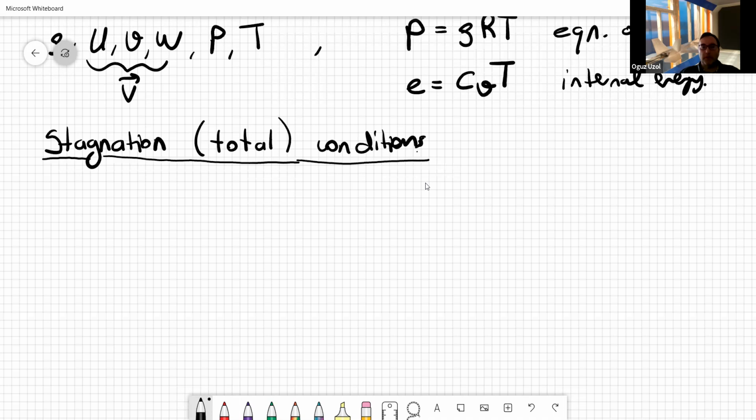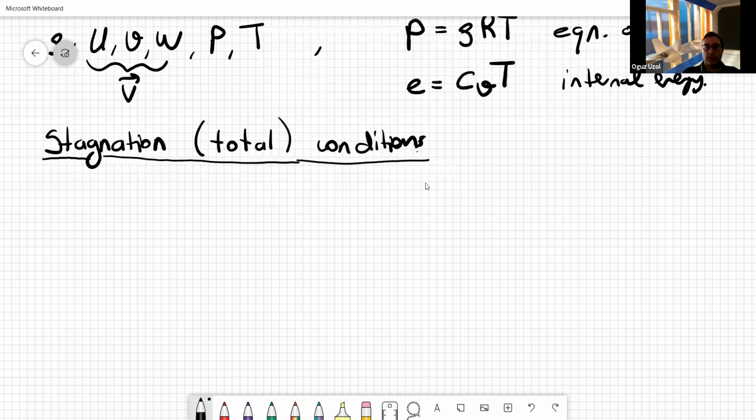But related to those parameters, especially relevant to compressible flow problems, we need to define what we call stagnation or total quantities or parameters as well.